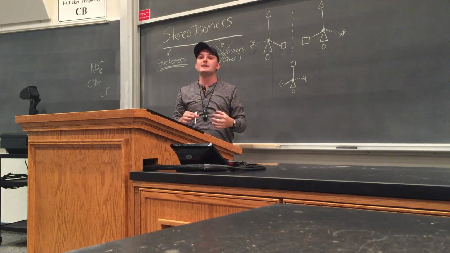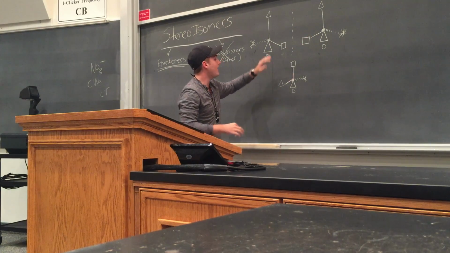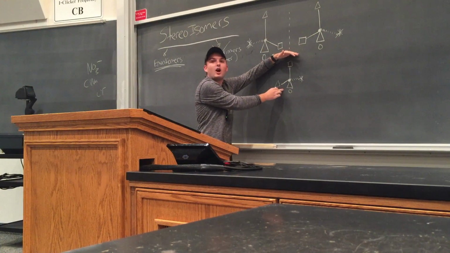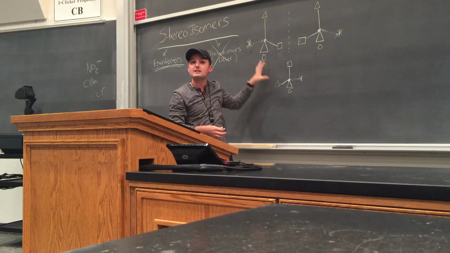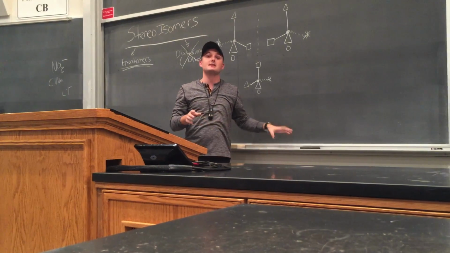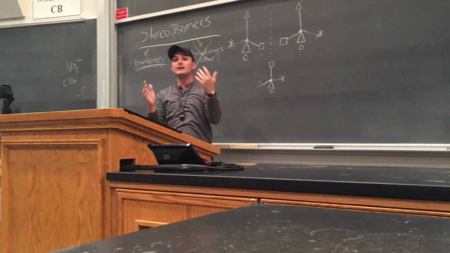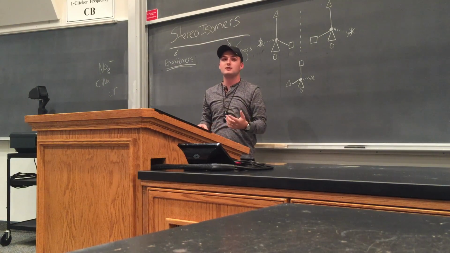Again, stereoisomers or any type of isomer, you have to have two things to compare. If all I did was draw this, I can't call this an enantiomer. But if I have something to compare it to, I can say these are enantiomers of one another. So where this gets confusing is in the slides, he says, all enantiomers are chiral. That's absolutely true. We're going to get into chirality really soon.